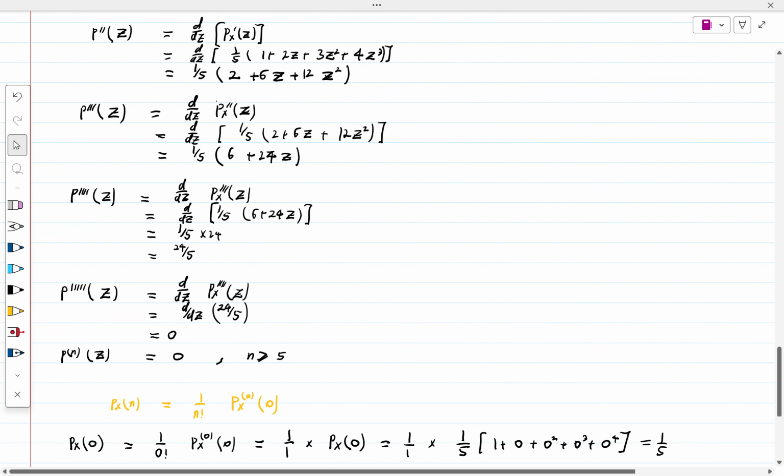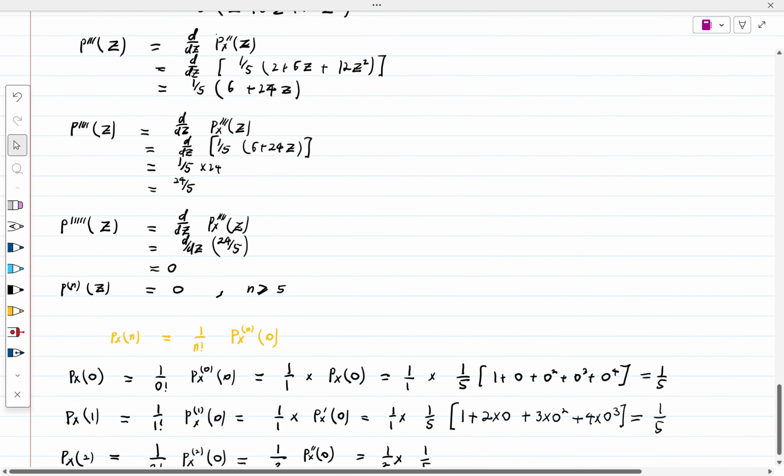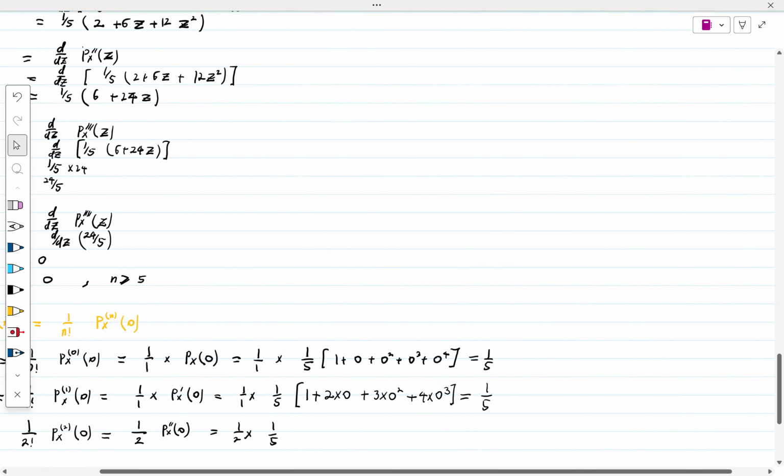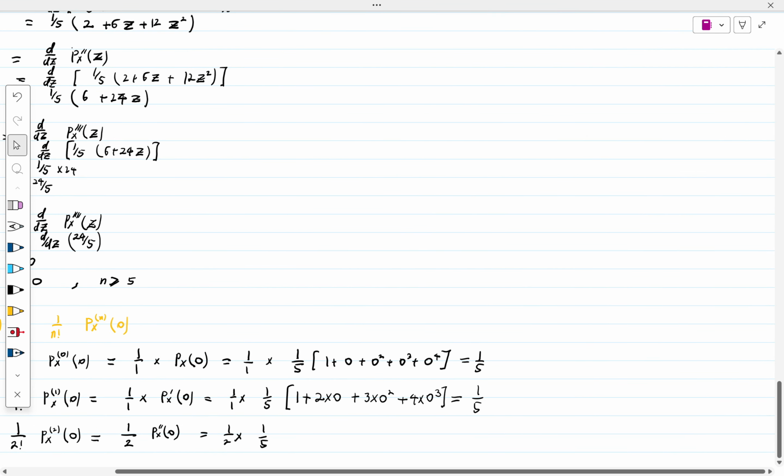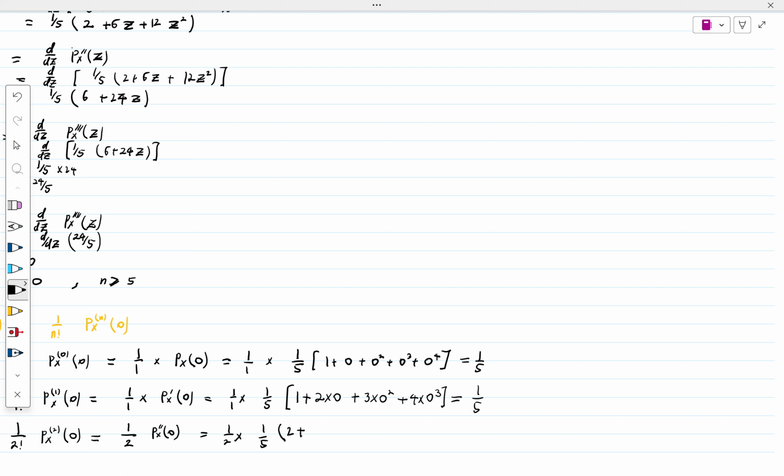Where was it? Here it was, all the way up here. So that becomes, again, I'm going to try and get them both on the same page, 1/5 times (2 plus 6 times 0 plus 12 times 0 squared), which, what do you know? When you evaluate this, these terms drop to 0. This becomes 2, and that cancels with the half, leaving us with 1/5 as well.